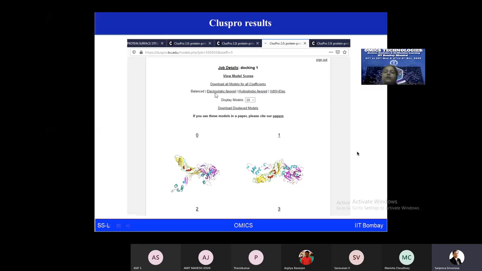But if we do not have any information, we can go for balanced. These are the various clusters of complexes being shown here. We have to look at each complex and try to make sense of what our expected result is.